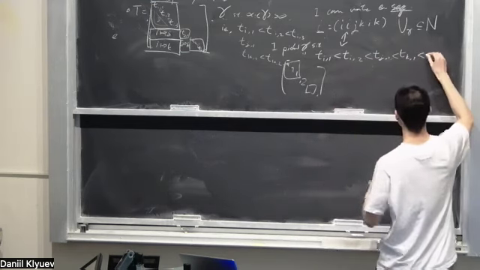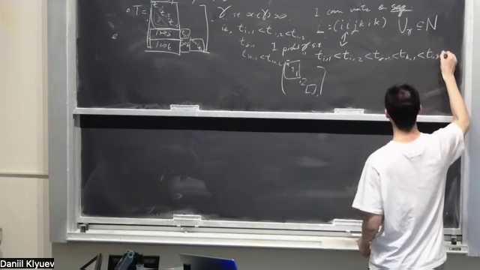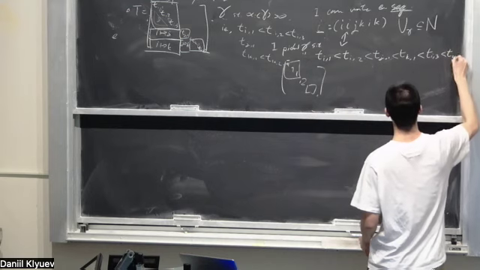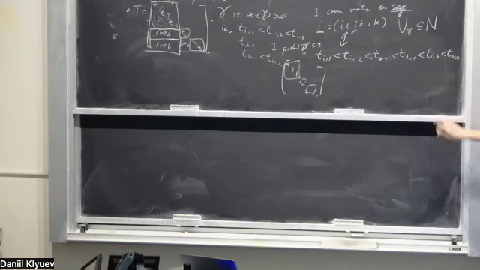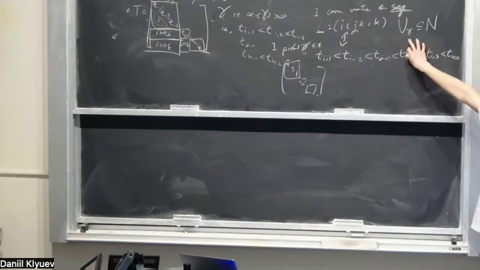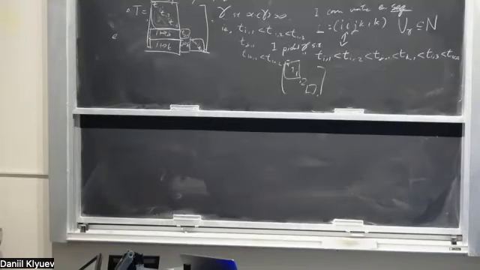It's the first occurrence. Less than Ti3 is less than Tk2. And I claim that this sequence uniquely determines a B-stable subset of N.